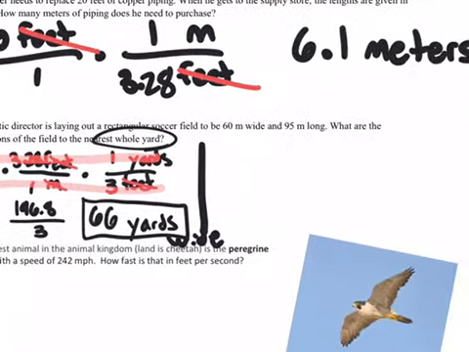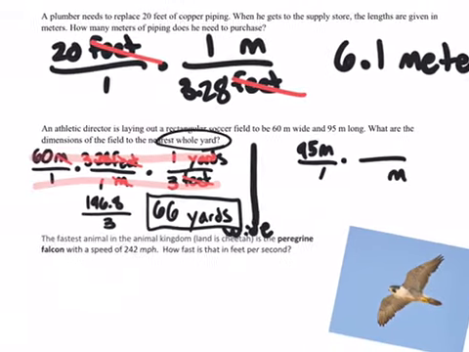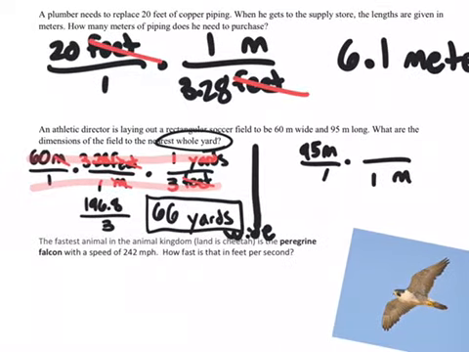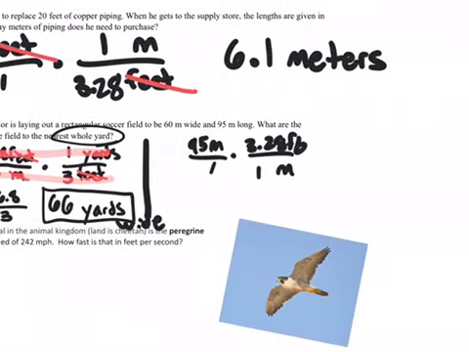And then now we can figure out how long, which will be 95 meters. And where the conversions we'll use here will be the exact same, because we're just working with the other dimension of the field, where there's 1 meter, 3.28 feet. And then we can take it to 3 feet is 1 yard. Multiply across the denominator.